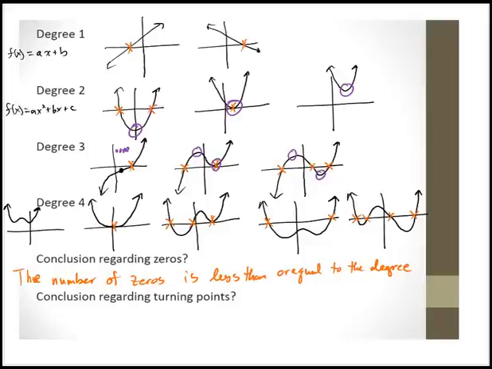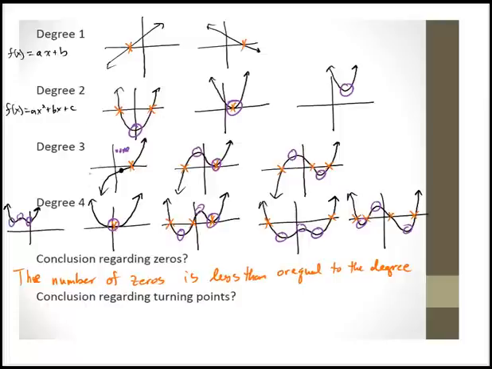And for the degree 4 polynomial, let's see, we could have 1. This graph had 3. This graph has 1. This graph has 3. This graph has 3. This graph has 3. So, conclusion regarding turning points. Degree 1 had none. Degree 2, we could have 1.